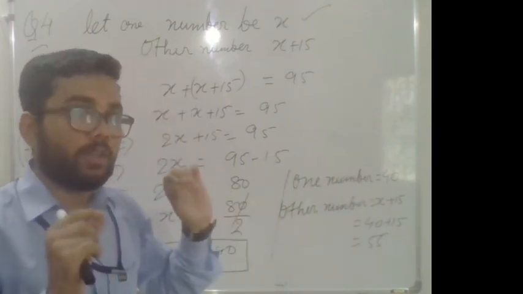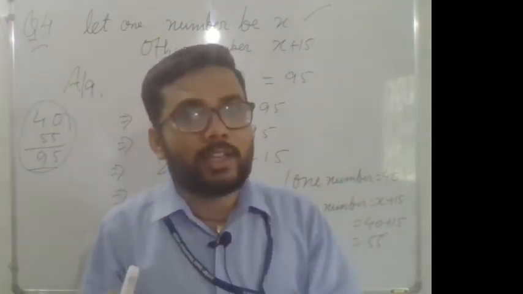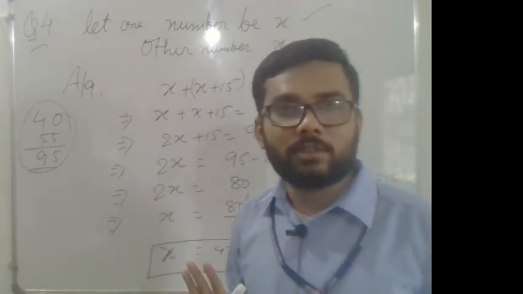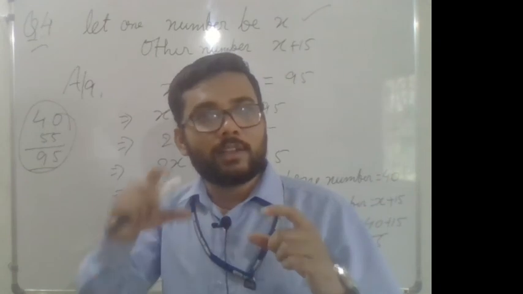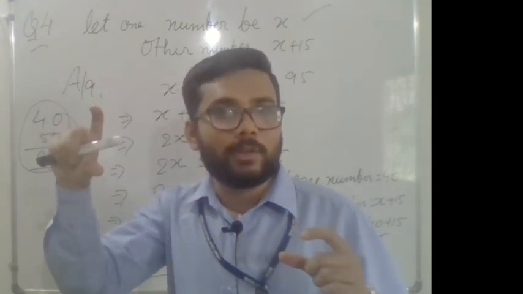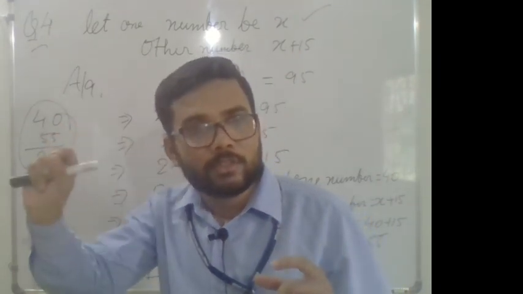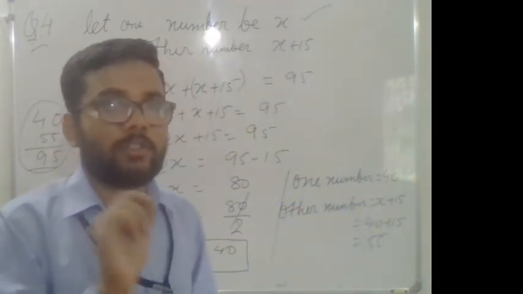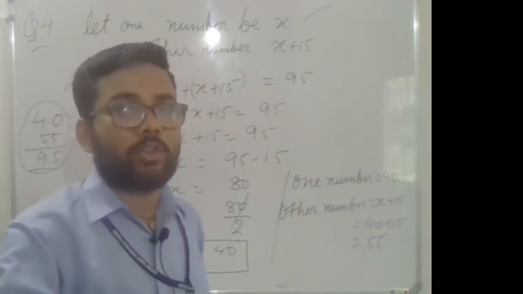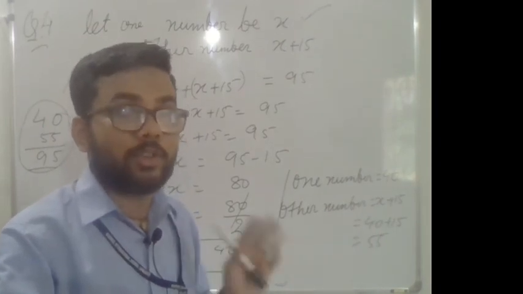Don't panic or be confused by seeing a long word problem. Just read the questions one by one, line by line, and try to solve. You can solve easily. Just try to read the question first.